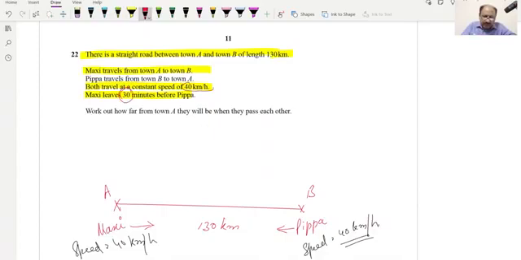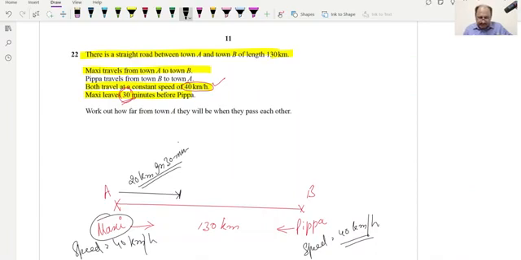Speed is 40 in 1 hour, so in half an hour it will be half of 40 which is 20, so 20 kilometers Maxi has already covered. We can show from this point to this point, up to this one is 20 kilometers, and this is in 30 minutes, and this is covered by Maxi.